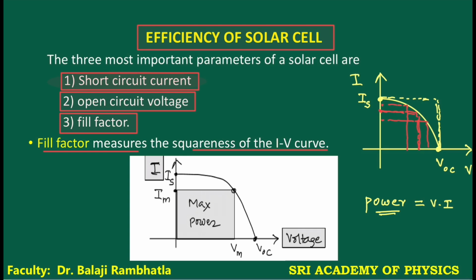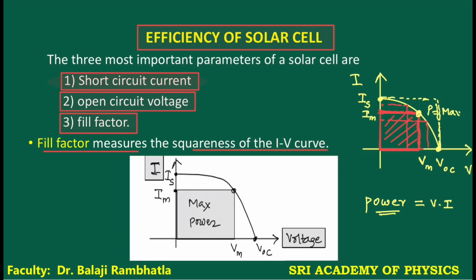Suppose we take different squares, but at a particular square the area is maximum. At this voltage and current, the solar cell has maximum power.